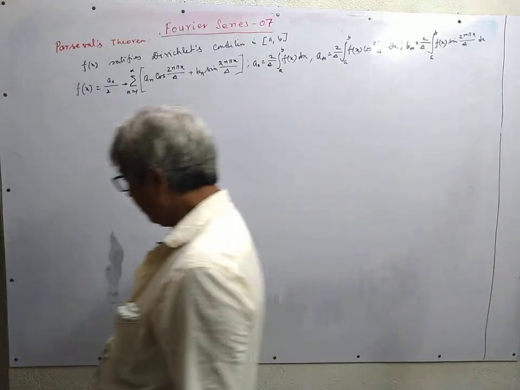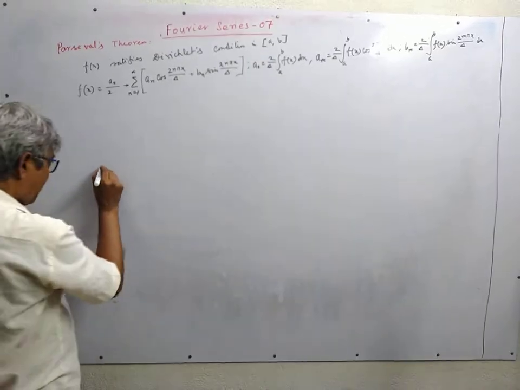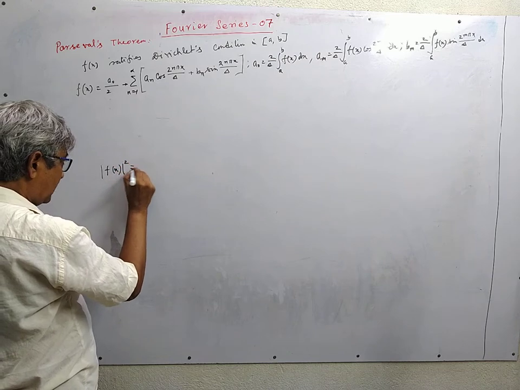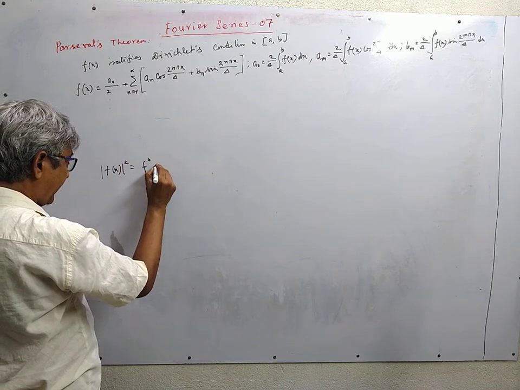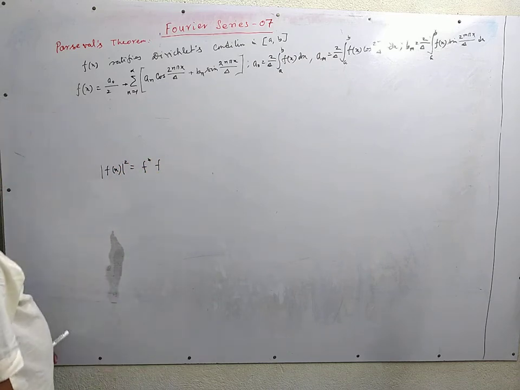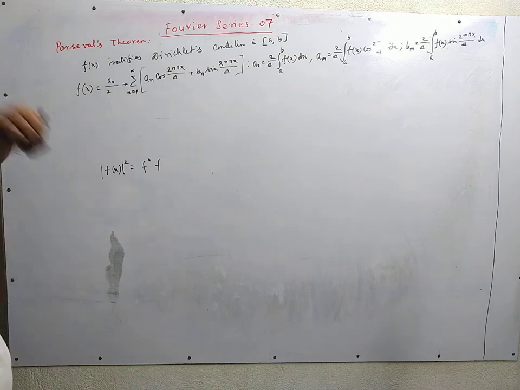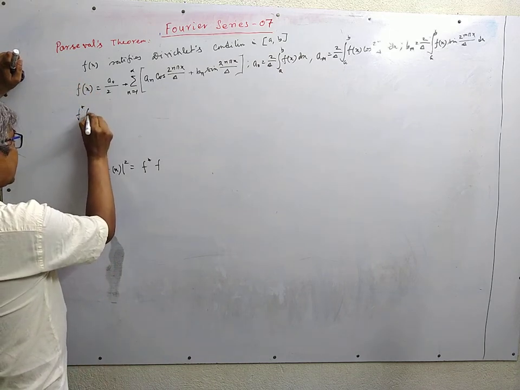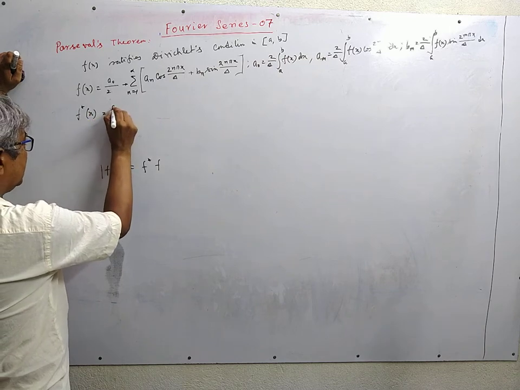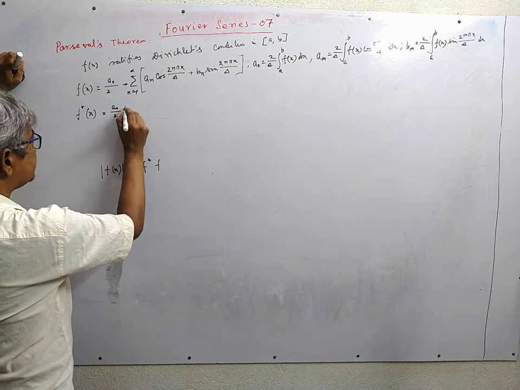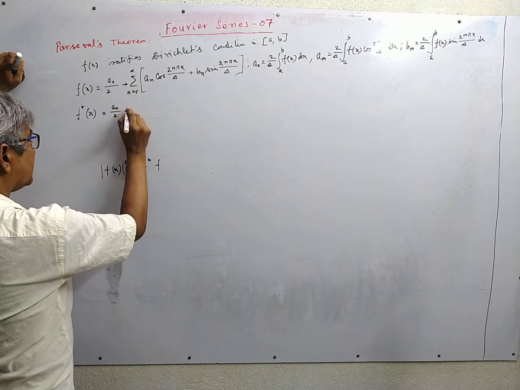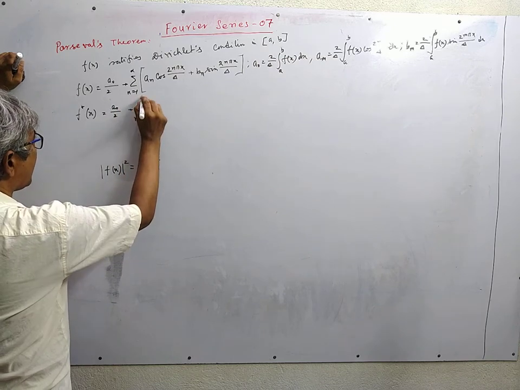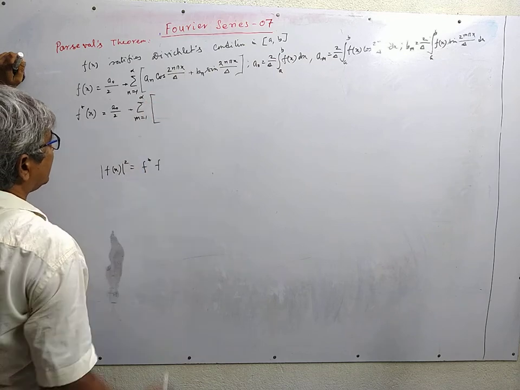We write the modulus of f(x) square, equal to f star f. So we need to define f star. We write f star of x is equal to a0 by 2 plus the series.